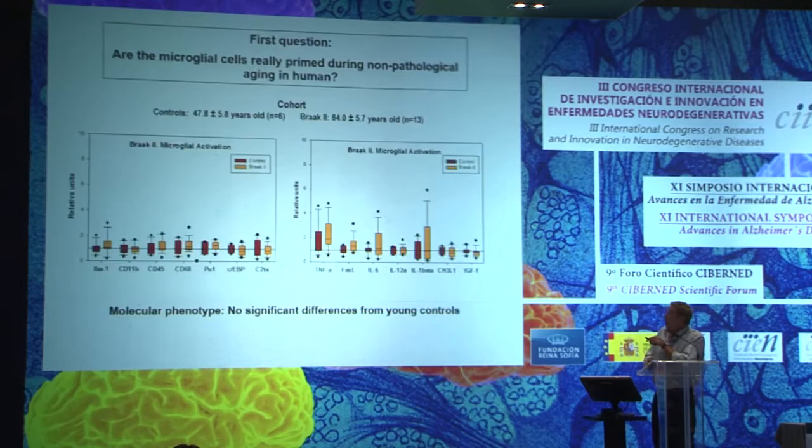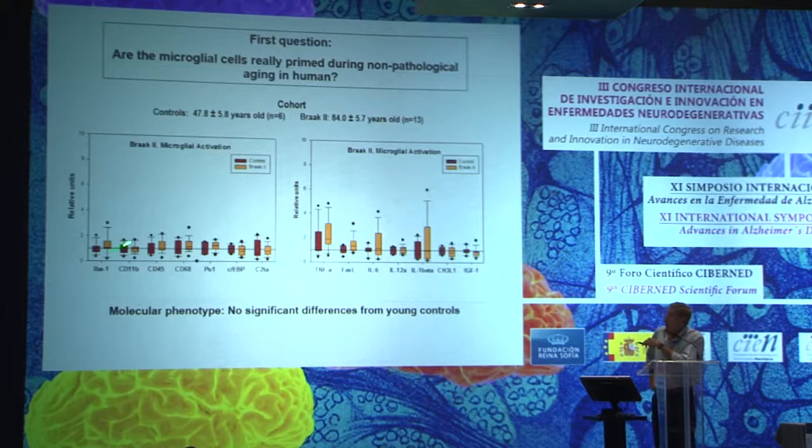Therefore, we start our characterization by testing if the microglial cells are primed or not using human samples. For this aim, we just compare young controls around 50 years old with no pathology with BRCA2 individuals with 84 years old on average. And we start just characterizing the molecular profile of these samples, looking for microglial activation.